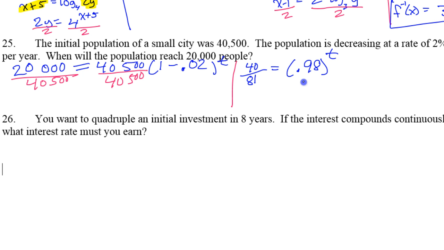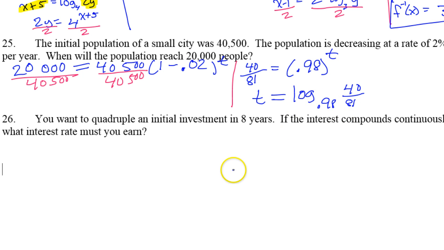So we will write this in the other form. Always start with your base. I'm writing log form, so I need to write log. So I'll have log base 0.98, and the other two things have to switch sides. So the t is going to come over here, and the 40 over 81 is going to come over here.